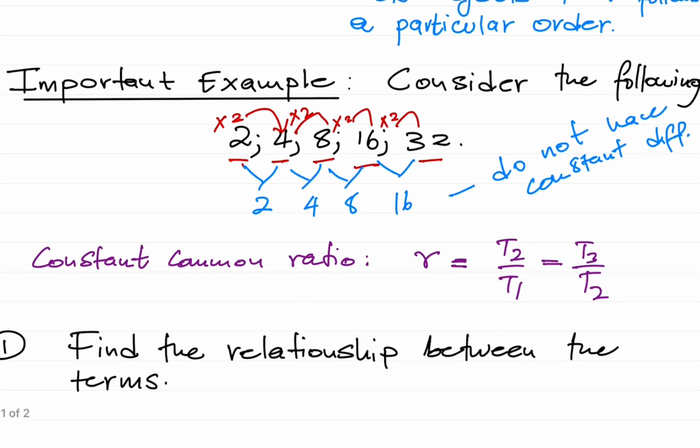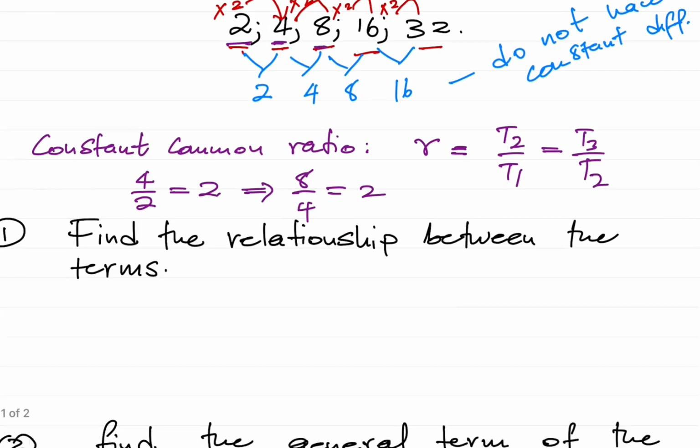Why is that? Check. If you say 4 divided by 2, you get what? You get 2. Now, if you say 8 divided by 4, you also get 2. So that's T2 divided by T1, and T3 divided by T2. We get 2. That's our constant common ratio now.